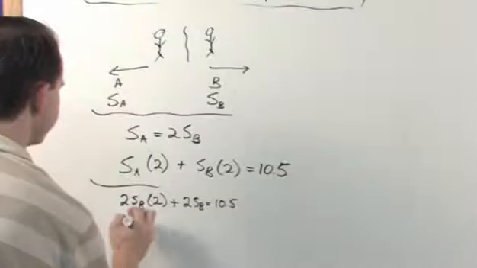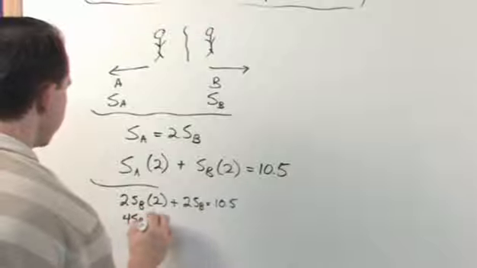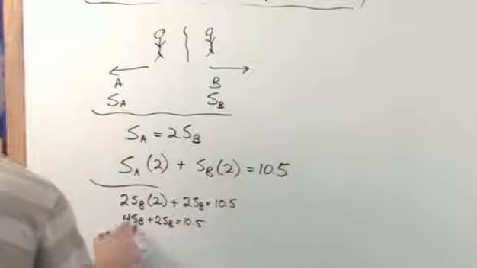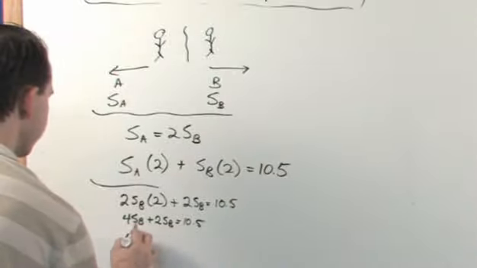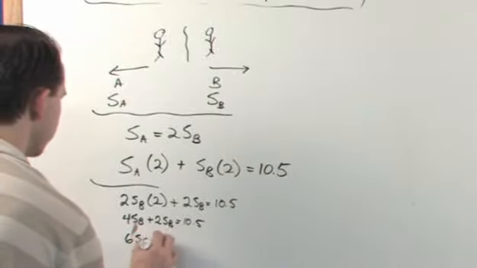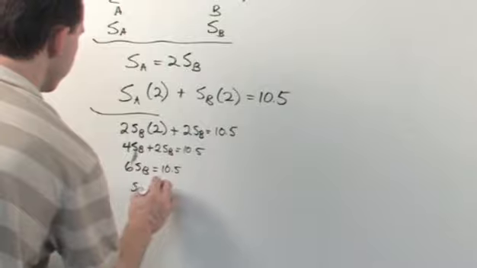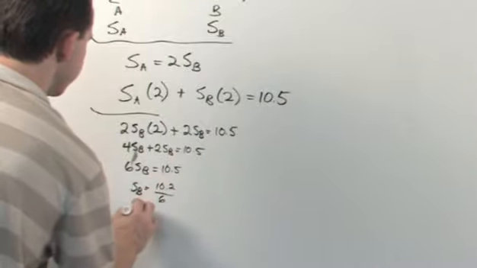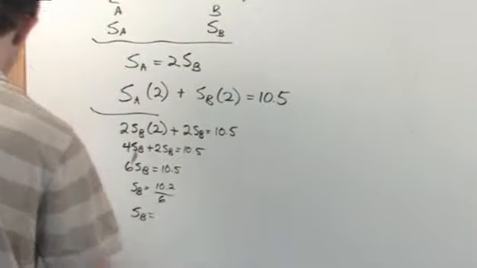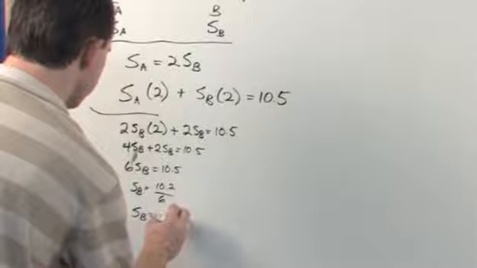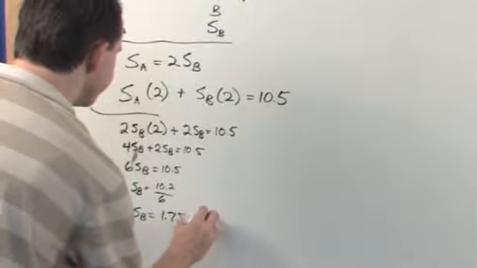So you have 4SB plus 2SB is equal to 10.5. And you just add these up, so that's 6SB is equal to 10.5. So SB is equal to 10.5 divided by 6. SB is going to equal 1.75 miles per hour.